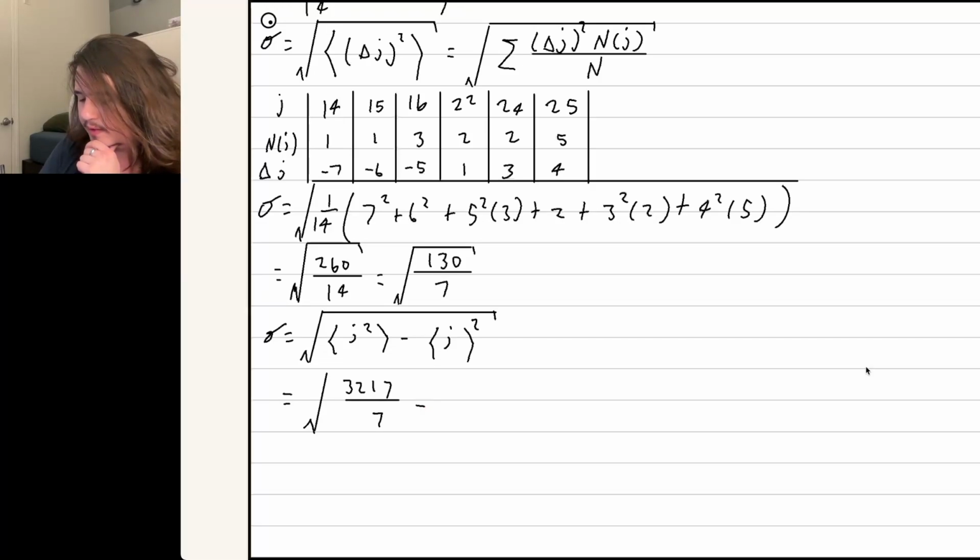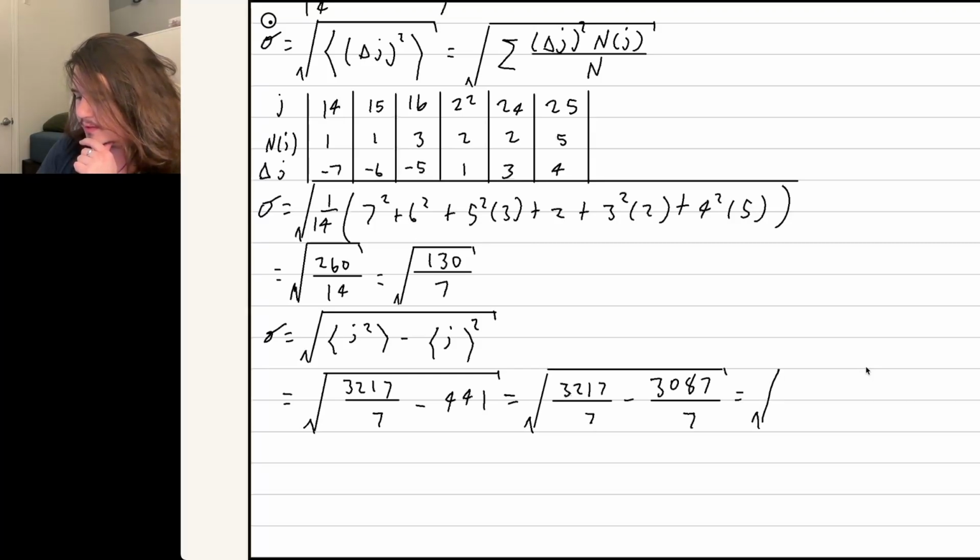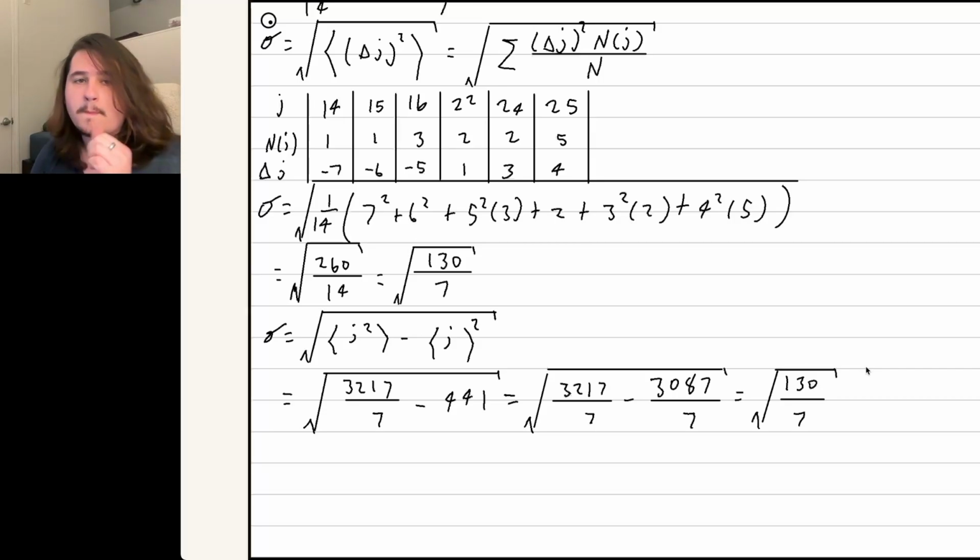For the second term, we had 441. Giving them the same denominator, multiplying 441 by 7 will get you 3,087 divided by 7. And then if you subtract that, you'll get 130. So it's good.